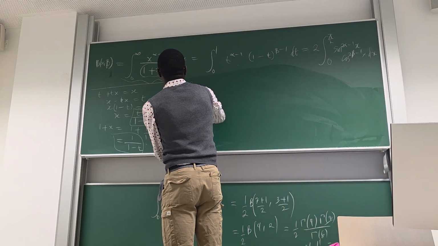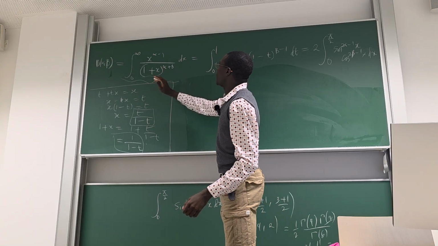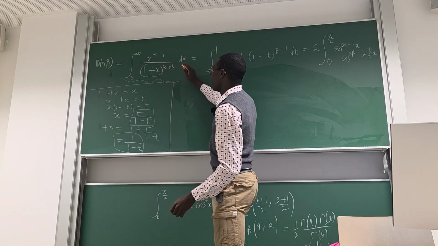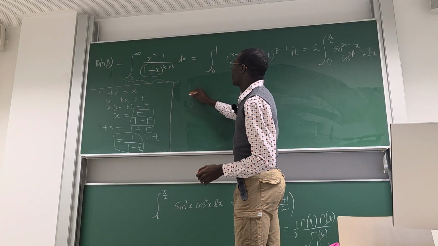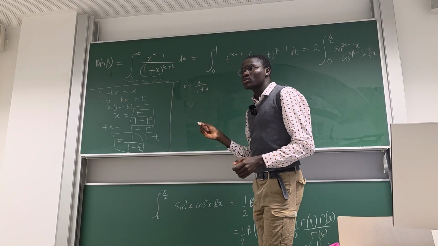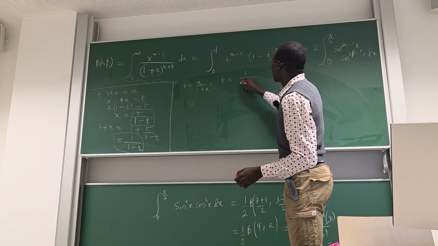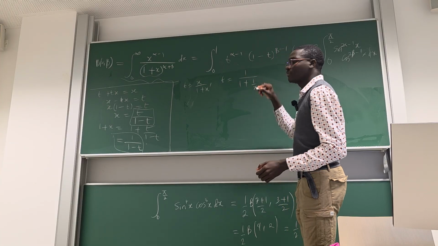Okay, if you make that substitution, now at the limits, what happens at x equals infinity? So yeah, this was the substitution, right? So as x goes to infinity, you could rewrite this way, right?